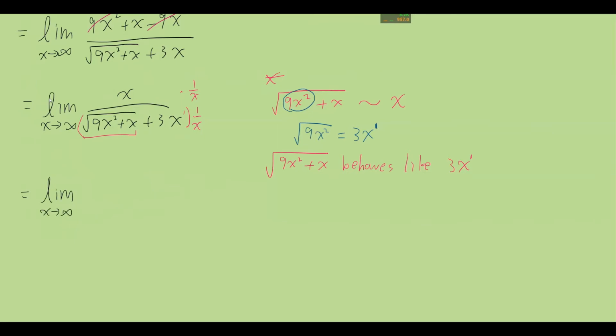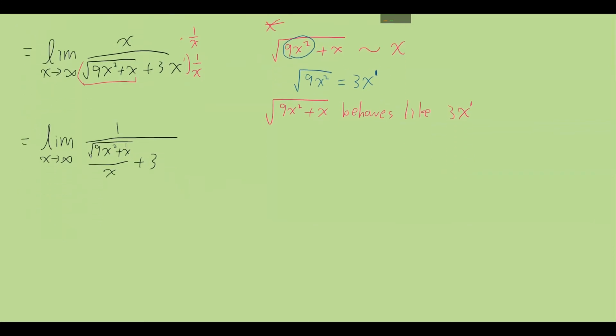So in the numerator, I have x times 1 over x, which is just a 1. And the denominator, if I distribute the 1 over x, I get the square root of 9x squared plus x over x plus 3. Okay? So the 3x times 1 over x will give you a 3. And we also need to take care of this part right here, okay?